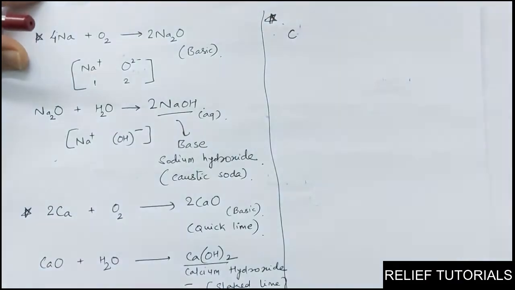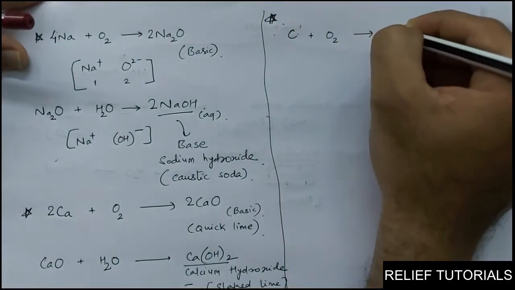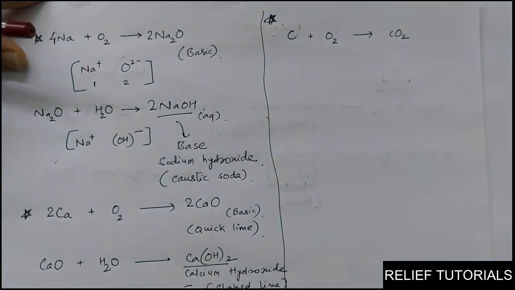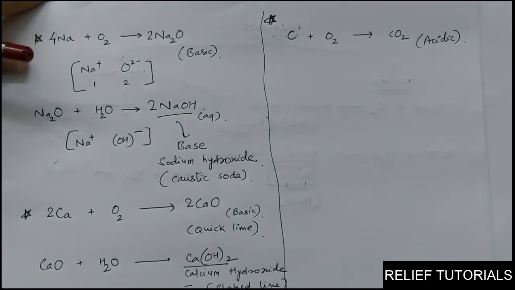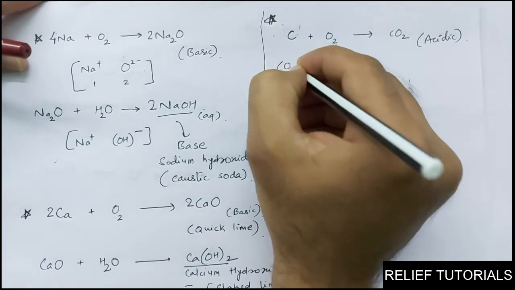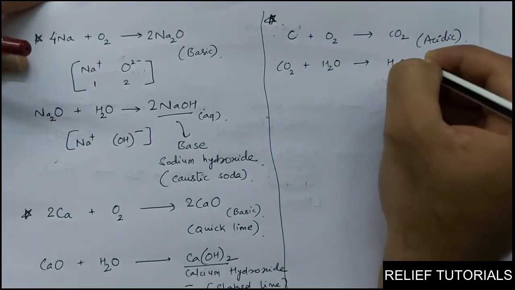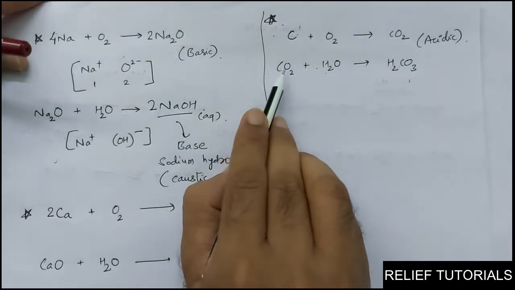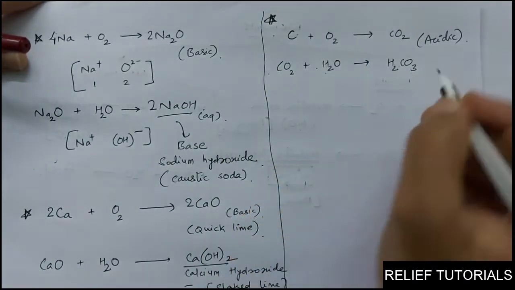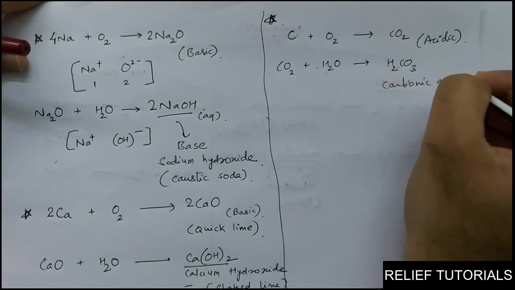The non-metal carbon, when it reacts with oxygen, forms CO2, carbon dioxide, a non-metallic oxide, acidic in nature. Now this CO2, when dissolved in water, forms H2CO3: H2, C, and O2 plus 1 is 3. This is carbonic acid. Simple.